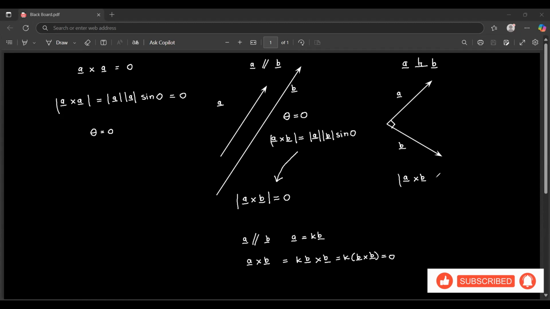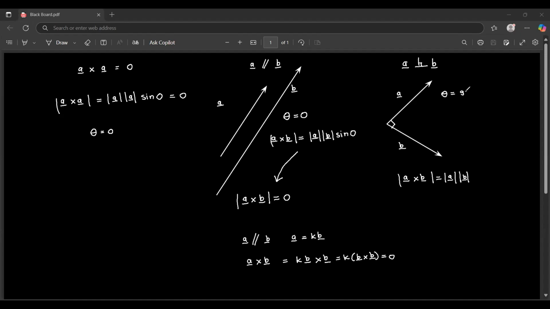The magnitude of A cross B will be equal to A and B, because theta is equal to 90 degrees in this case, so we can apply the normal equation: A cross B is equal to A and B sine 90. Since sine 90 is equal to 1, the output will be given like this. These are the observations.